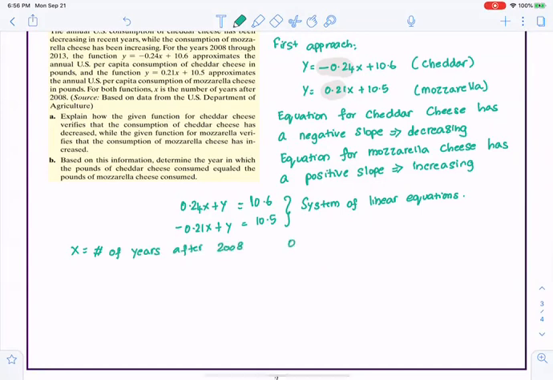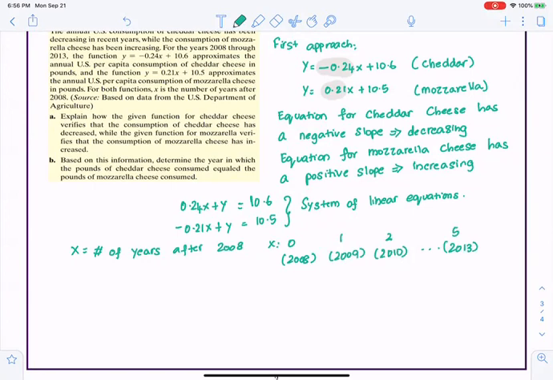So if I start at 2008, that would be where you start your measurement, and 2009 would be 1 year after 2008, and 2010 would be 2 years, and so on, all the way up to 2013, which would be year number 5. So the values of x are simply 0, 1, 2, 3, 4, and 5, corresponding to the number of years after or since 2008.